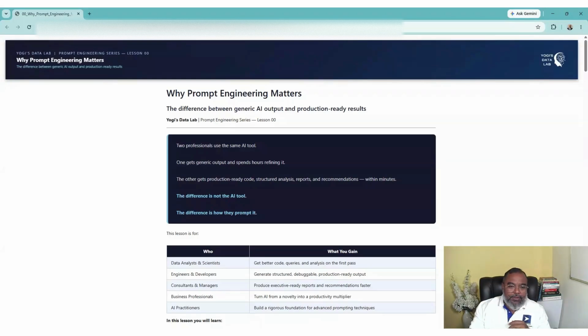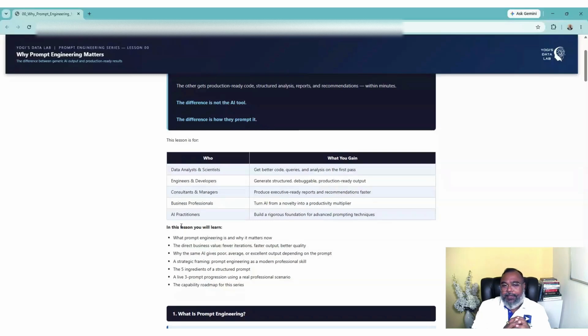If you look at this, the session that we are creating today, you can be a data analyst or a scientist, engineers, developers, consultants, business professionals, AI practitioners, all of you can go to prompt engineering because today it is becoming a way of doing work. It is a part of our life, and we are going to use this going ahead everywhere gradually.